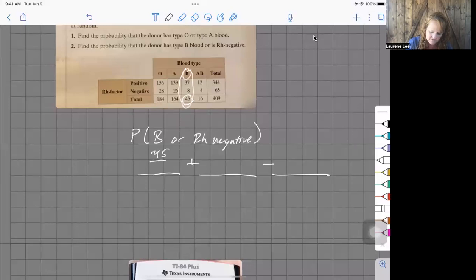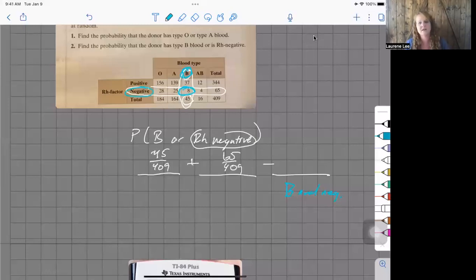So 45 out of 409. Rh negative, that's all of these people right here. So this is going to be 65 out of 409. Now look, the question now is there anybody who has type B blood and is Rh negative? And the answer is yes. They're these people right here. These people have type B blood and are Rh negative.